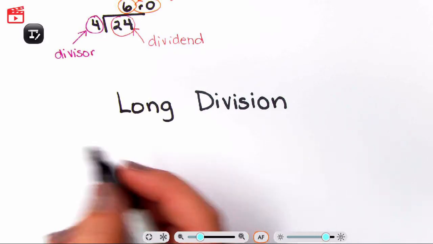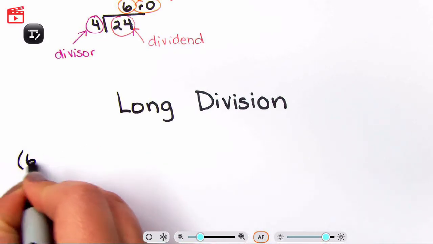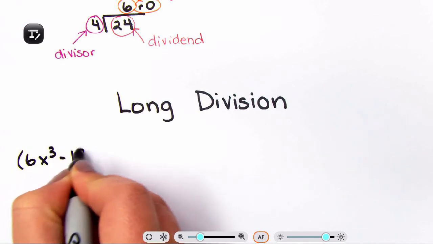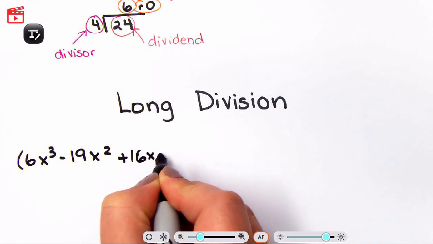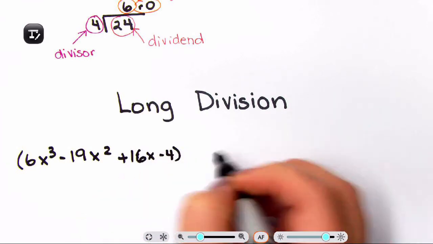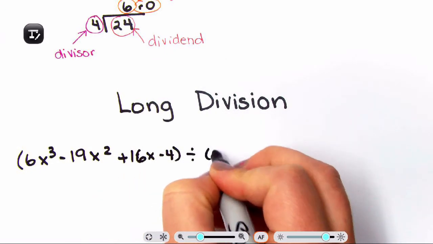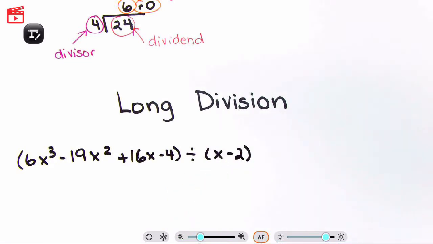So I want to divide 6x cubed minus 19x squared plus 16x minus 4 by x minus 2. Now, again, I told you we're going to do a lot of steps in here, so be prepared to write step number 1, step number 2. So let's start with step number 1.